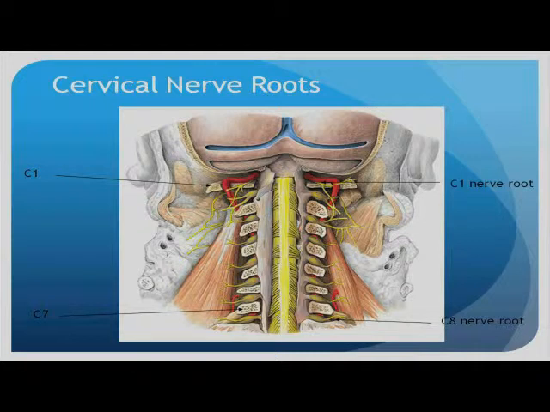From a neurologic perspective, it's important to remember when you are looking at the cervical spine that the anatomy is a little different there. These cervical nerve roots emerge out from above the same numbered cervical vertebra, so you end up having actually 8 cervical nerve roots. Once you get into the thoracic spine, it switches over and they emerge out from below the same numbered vertebra.